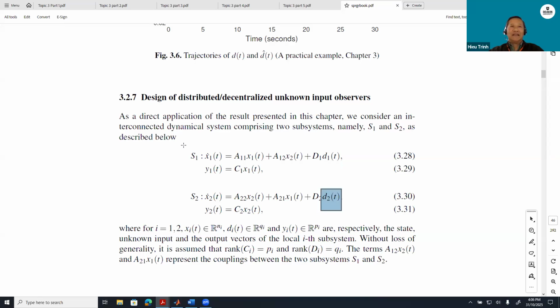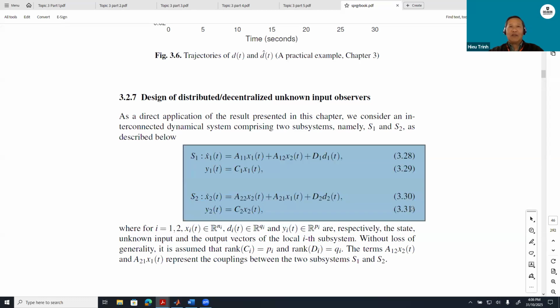So it's a nice application of what we discussed so far, which is the problem of estimating an unknown input in the presence of multiple unknown inputs. And it can be applied to the design of distributed or decentralized unknown input observers.